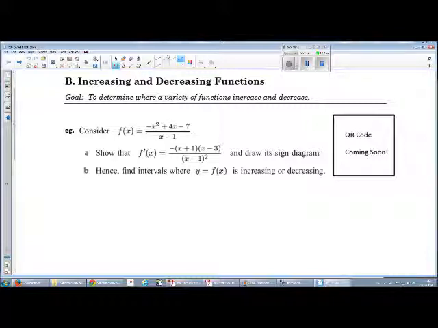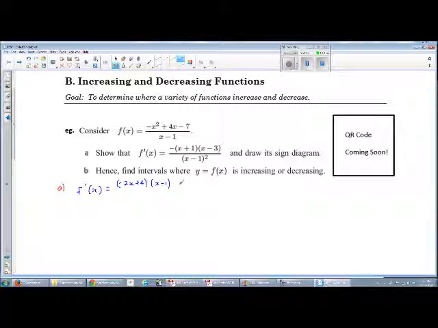So for part A, I will just begin. We know that this is the function f of x, so then f prime of x, I will be using the quotient rule here. The derivative of the top is negative 2x plus 4, and then we multiply that by the bottom, which is x minus 1.